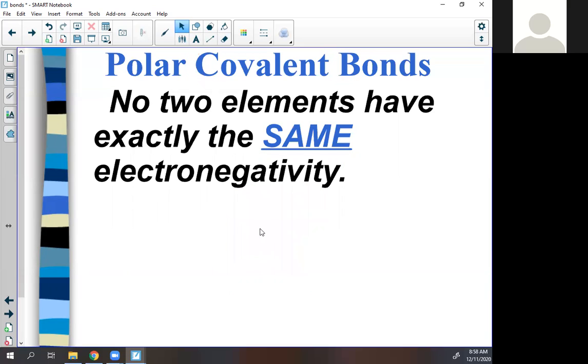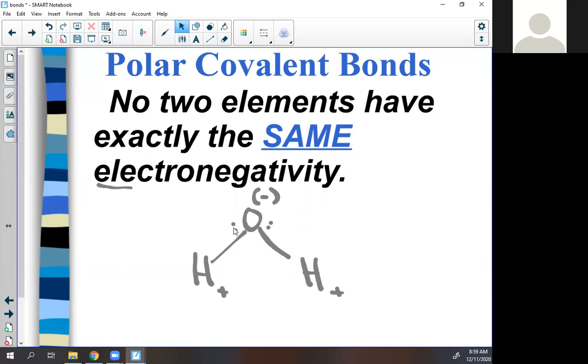So for instance, I have water here, H2O. In this bond, oxygen has a higher electronegativity than hydrogen. So it pulls the electron pairs that they're sharing closer to it. That means it has more negative than it should, which leaves this side of the molecule slightly negative, and this side of the molecule slightly positive.